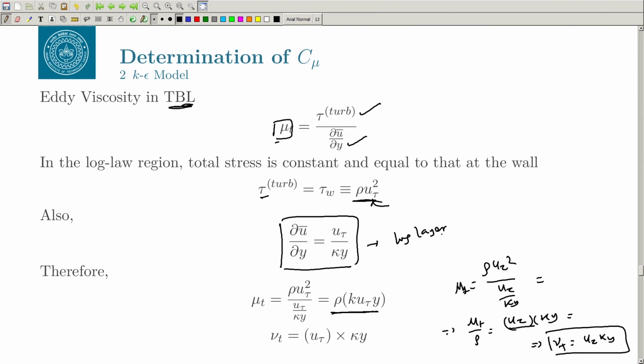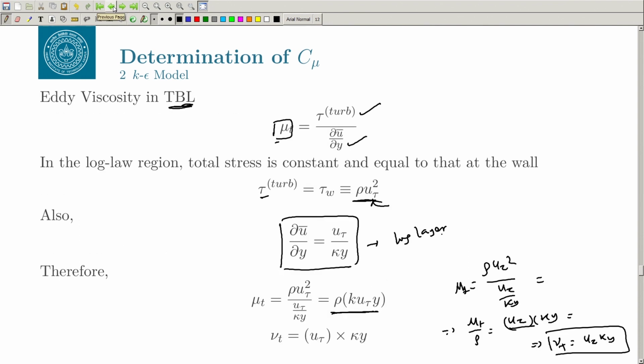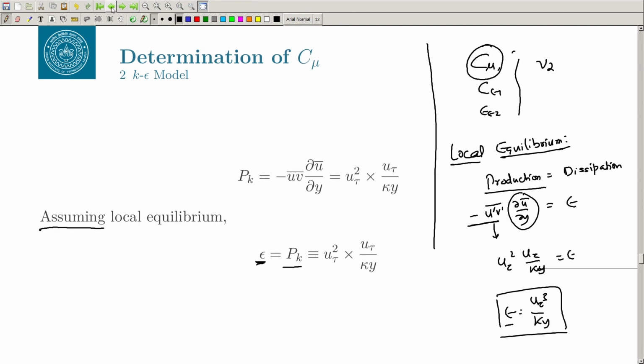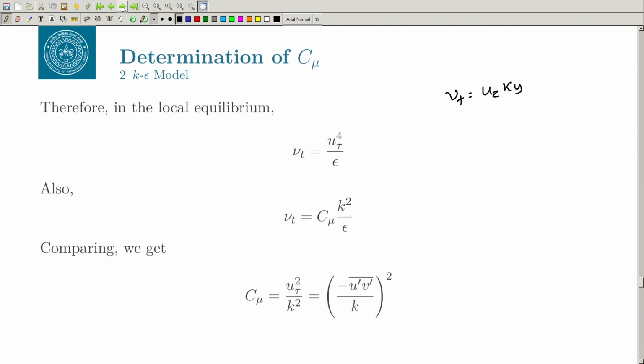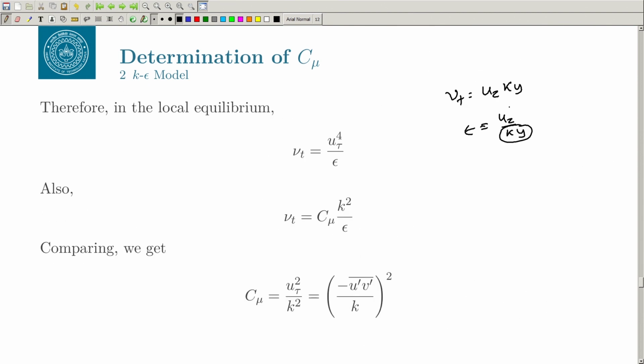So, remember this nu t and what is your dissipation rate, and you can combine that, okay. Let me write it here: nu t equal to u tau kappa y, and earlier we had epsilon equal to u tau cubed by kappa y, right, and you can use this definition of kappa y here, epsilon is u tau cubed by kappa y, yeah, okay.